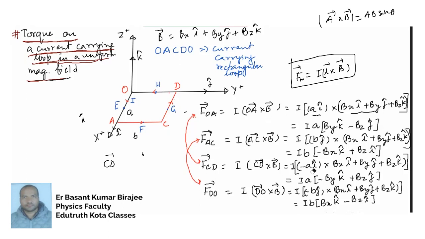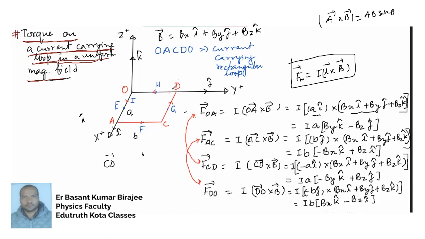That's why here you have minus A i cap, and this is your magnetic field. And again, you will find the cross product. Here we can keep the bracket. You can find the cross product of this term with all of these terms separately, and you will get this one, just like previous cases.